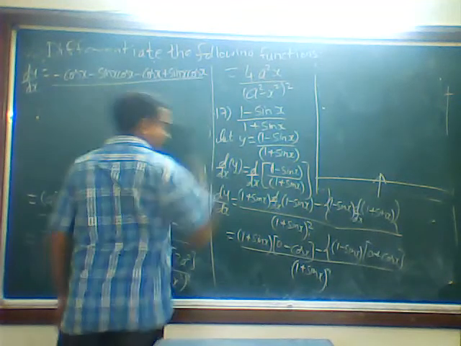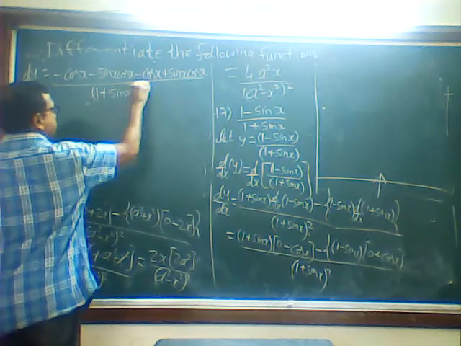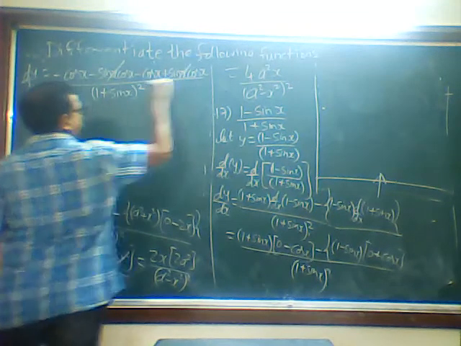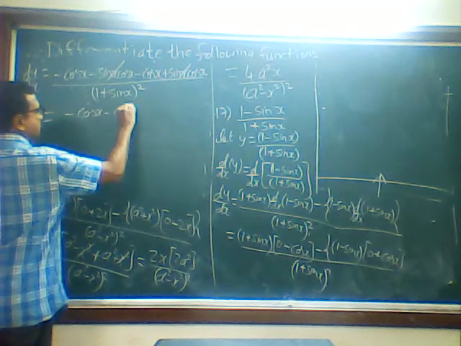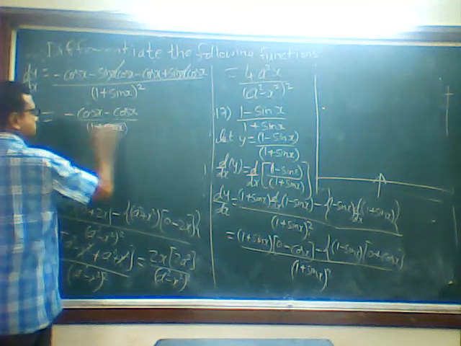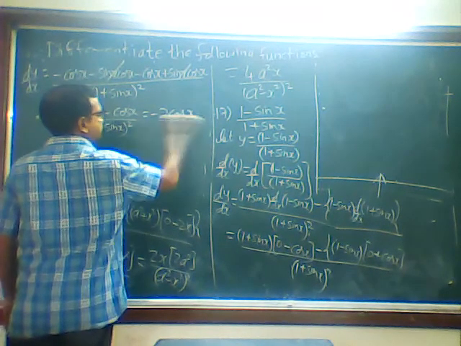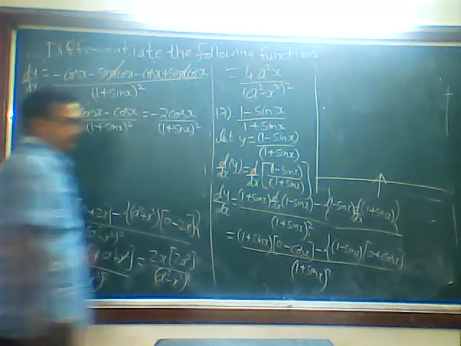Whole thing divided by 1 plus sin x whole square. So what happens here? This and this will go. Minus cos x will remain. Minus 2 cos x divided by 1 plus sin x whole square. There you go.